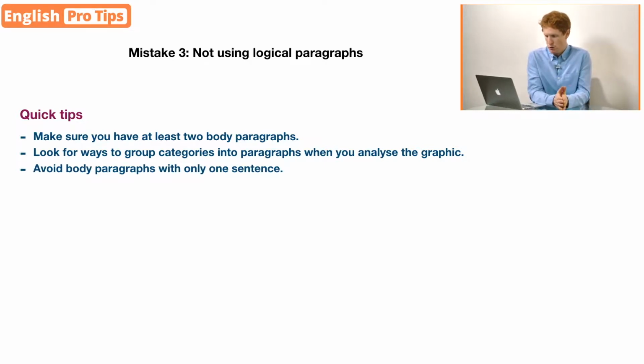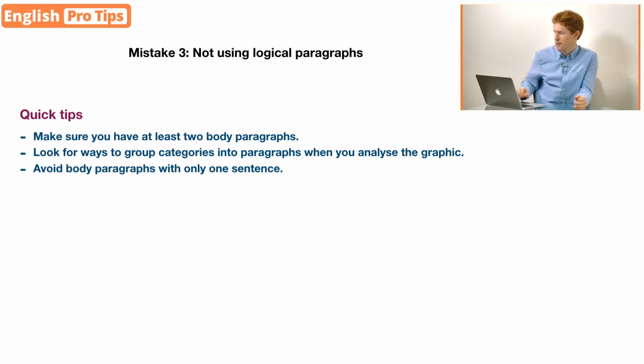Avoid body paragraphs with only one sentence. So for example, in the plan that we just looked at, we had one body paragraph just about countries that stayed the same. So in this case, we only had Russia. Now, even though we're only looking at Russia, it's important to have 2 sentences about Russia so that we don't have one paragraph with just one sentence.